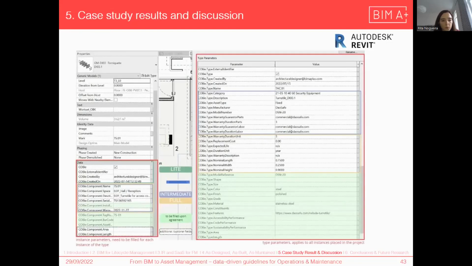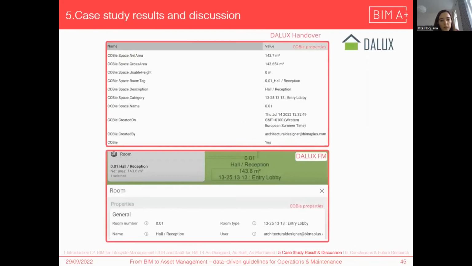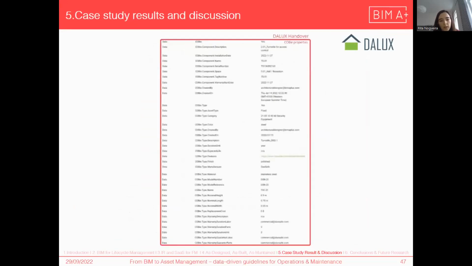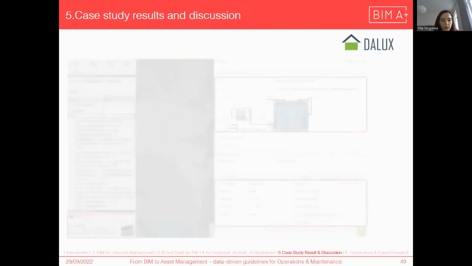So this would have far more properties. You can see the type is also enabled and also the component, and the same for a system, which is more complex. And in the end also Dalux, so you can see all the properties are here under this prefix COBie, and it's exactly the same information we had in Revit and we had back in the spreadsheet.